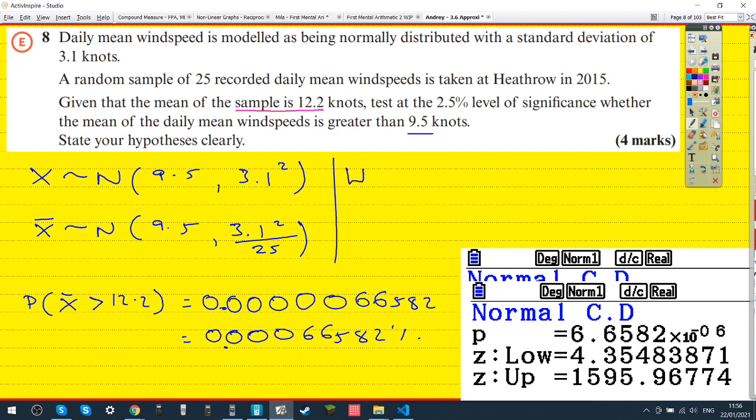And so our hypotheses. Null hypothesis, the mean is 9.5. Alternate hypothesis, mean is greater than 9.5. The probability of getting 12.2 is this amount. What does that tell you?